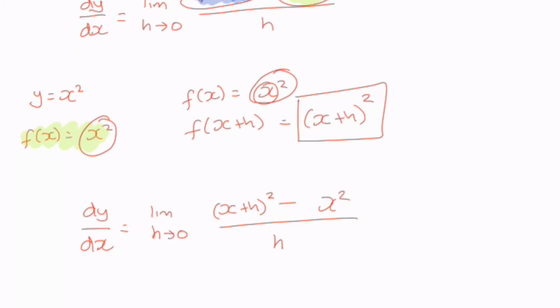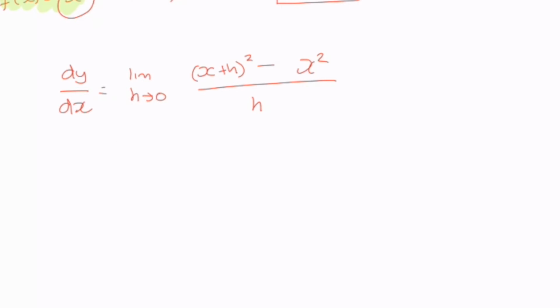Okay, now we're going to expand this part out, and remember it's a quadratic. So we're left with the limit as h approaches 0, we have x plus h squared minus x squared all over h.